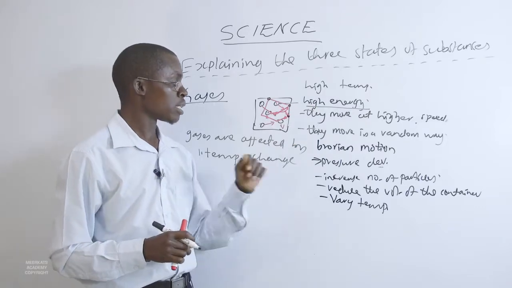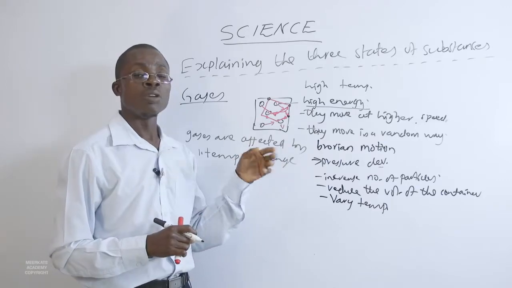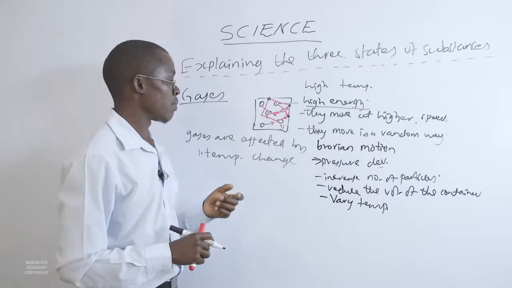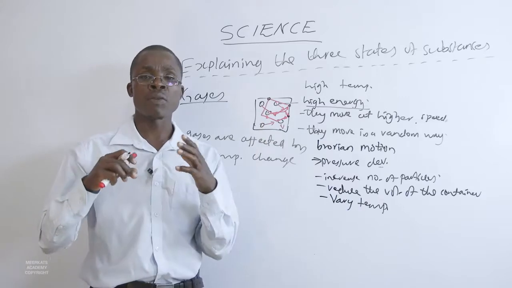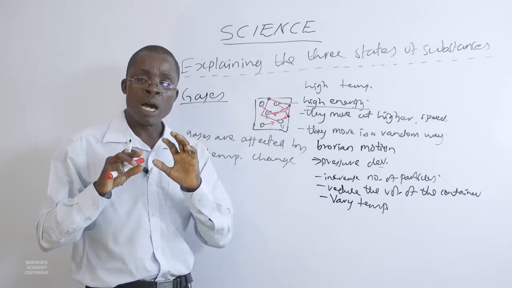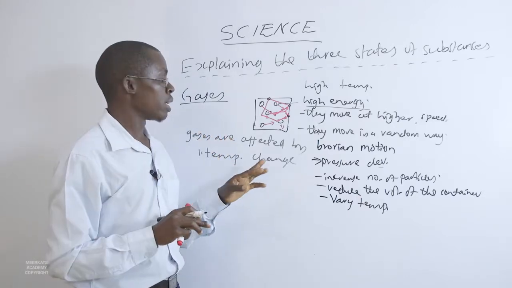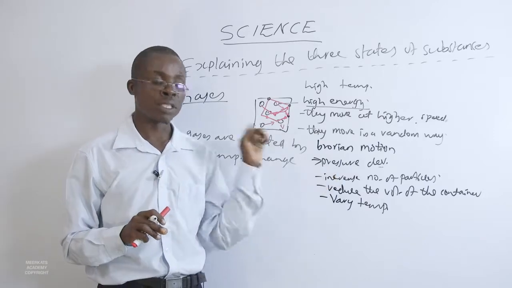By increasing the temperature, you increase the speed of the particles, and by so doing, you increase pressure, because the particles will be moving at a very fast speed and hit the wall with a high speed, which means a bigger push, making it have a high pressure.